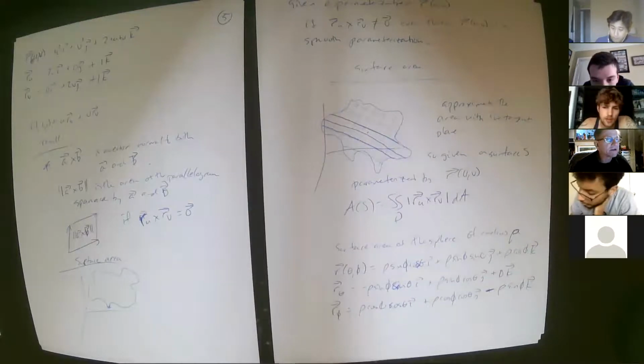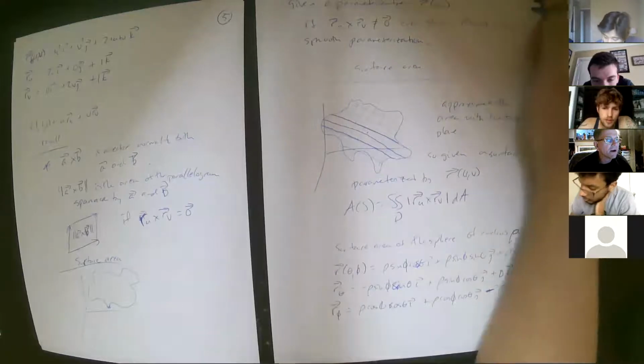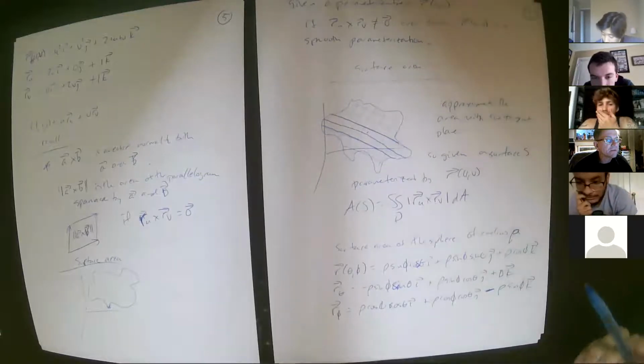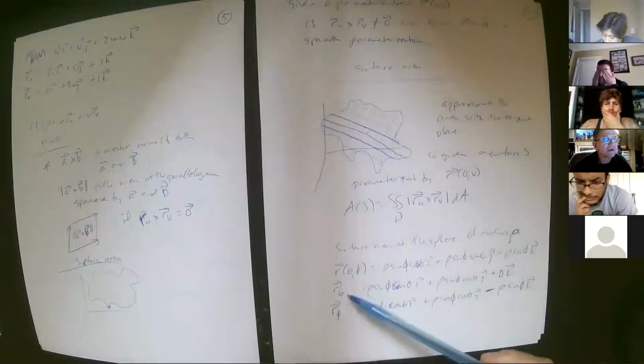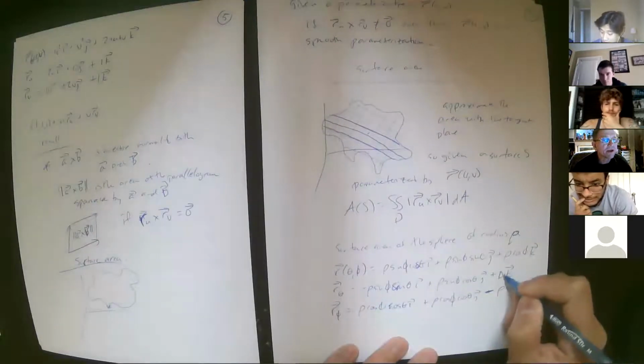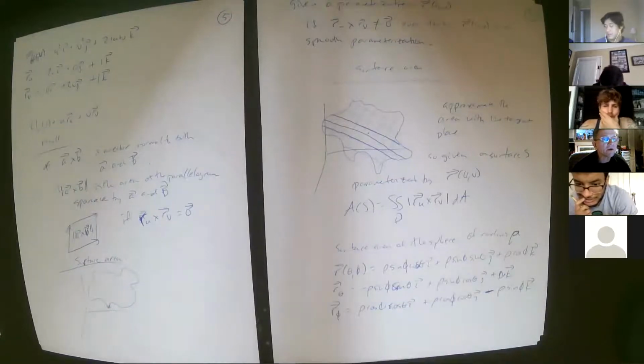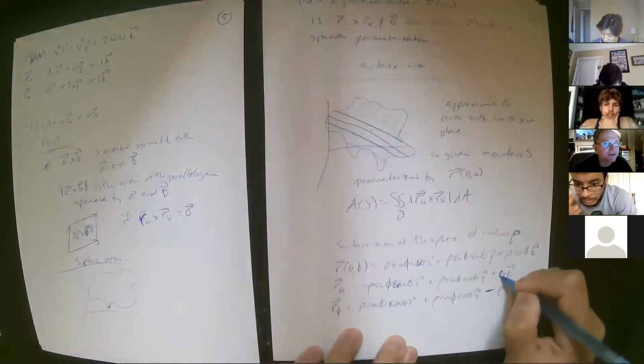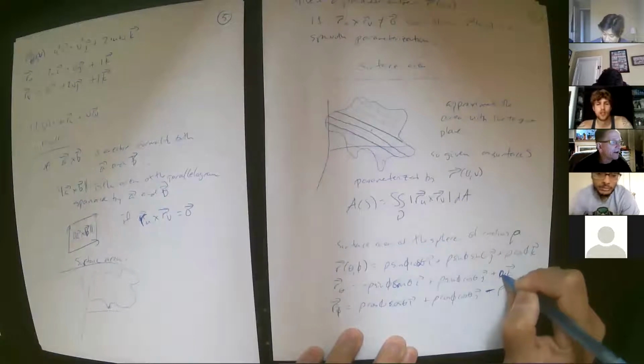Isn't the k term of your R sub theta vector 0? Yeah, it's 0. This is 0 times k. It looked like a delta or something, sorry.